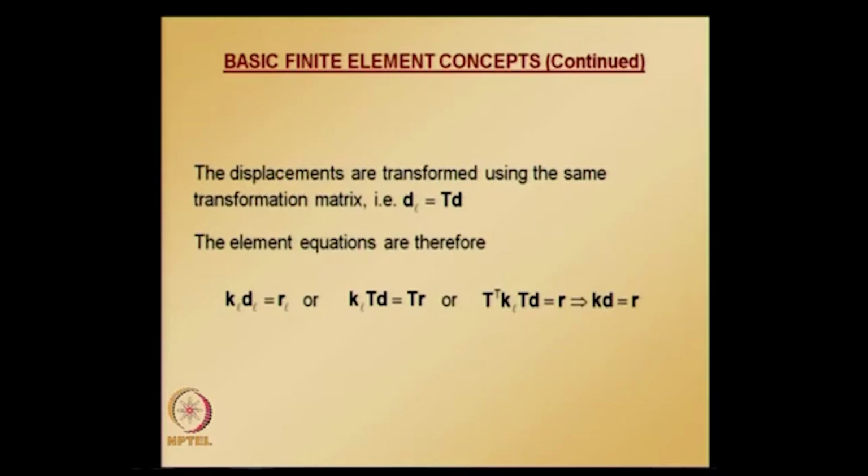So after carrying out the indicated matrix multiplication, the plane frame element equations in the global coordinate system are obtained. For one element we obtain this, and a similar process we can repeat for other elements. The assembly and solution procedure for nodal degrees of freedom remain the same as what we have been doing till now.